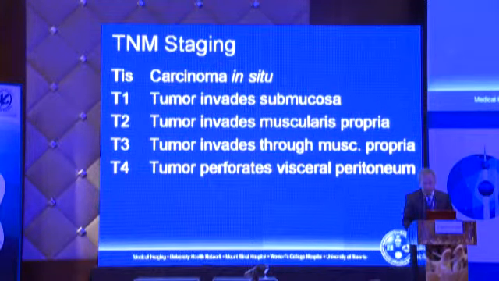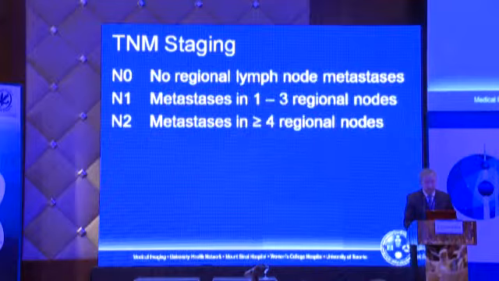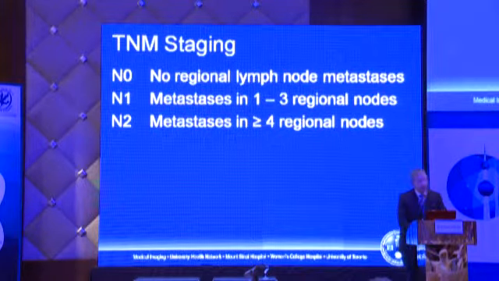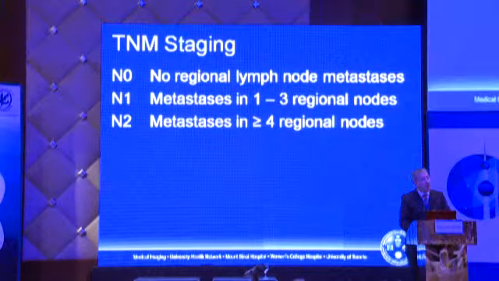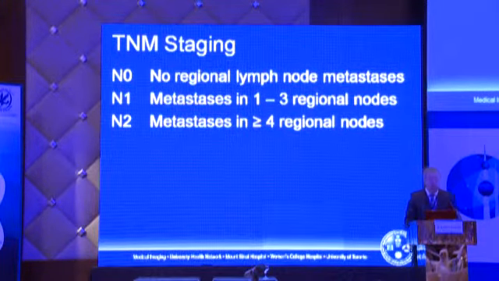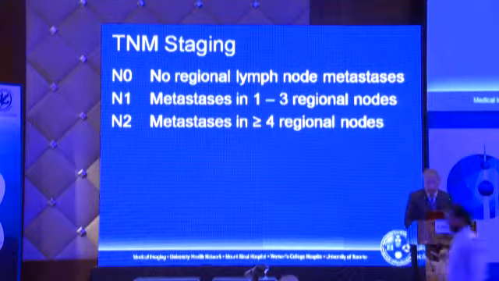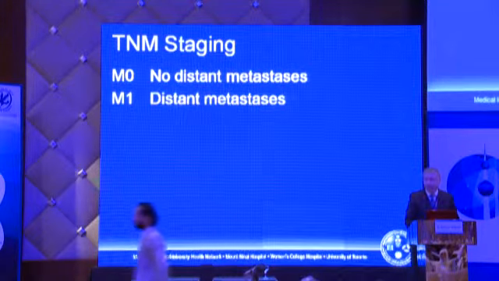And T4, tumor penetrates the visceral peritoneum. The N staging, N0, no regional lymph node metastases. N1, metastases in 1 to 3 regional lymph nodes, and N2, metastases in 4 or more regional lymph nodes.